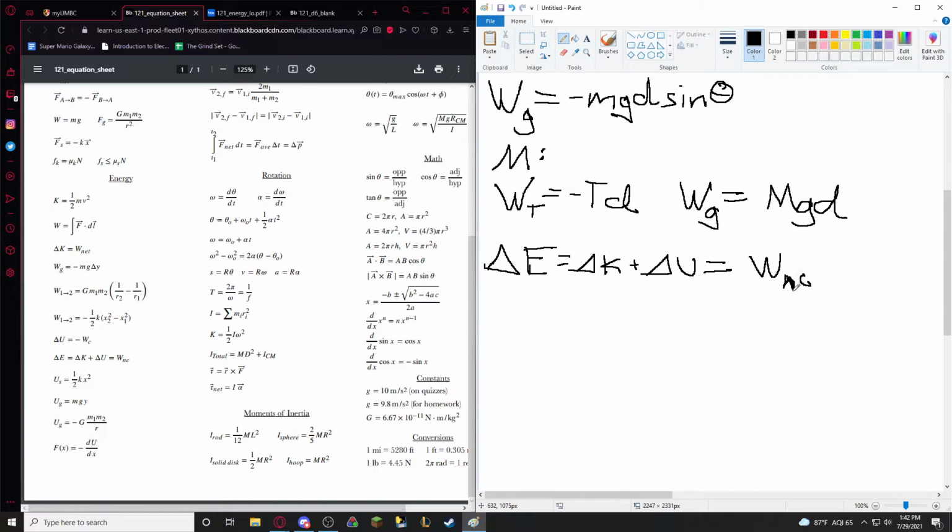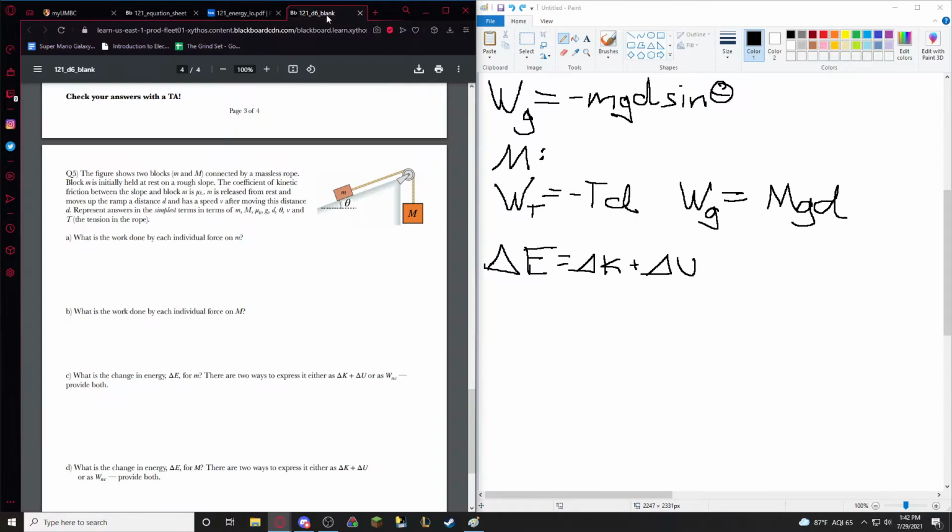So, first thing, let's do the delta K plus delta U part. How do we get the total change in kinetic energy? So we would compare KF and KI. What's the initial kinetic energy?